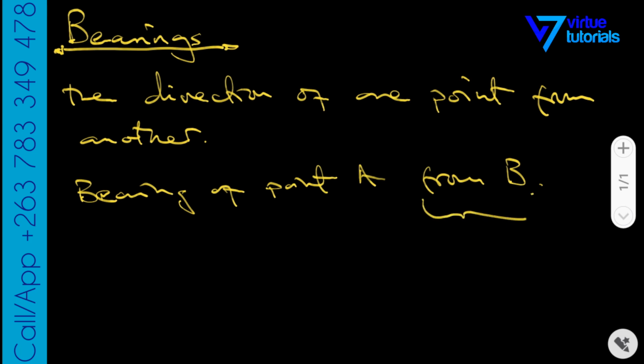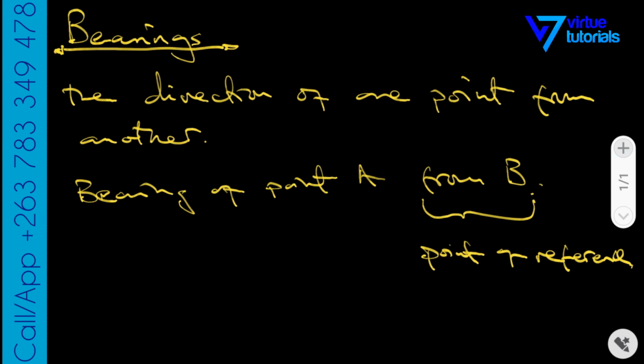B will be your point of reference. This is the point from which you measure the bearing. So you will find the direction of A from B.